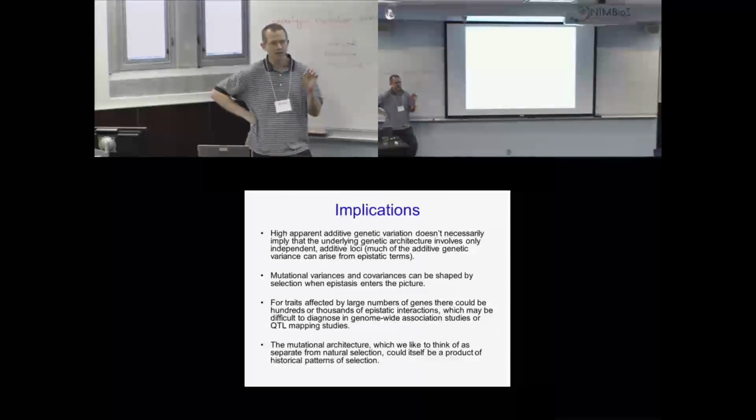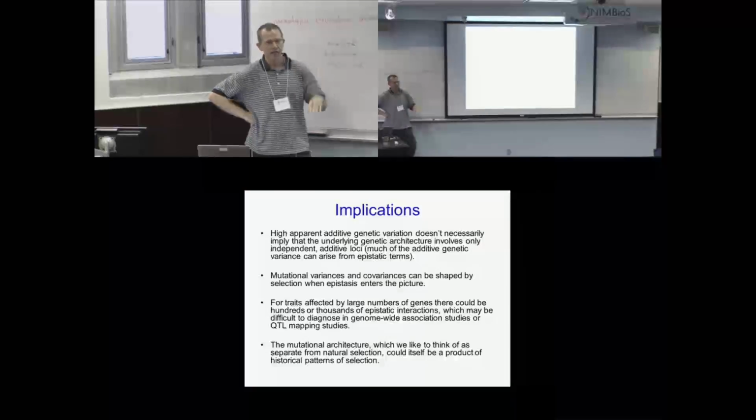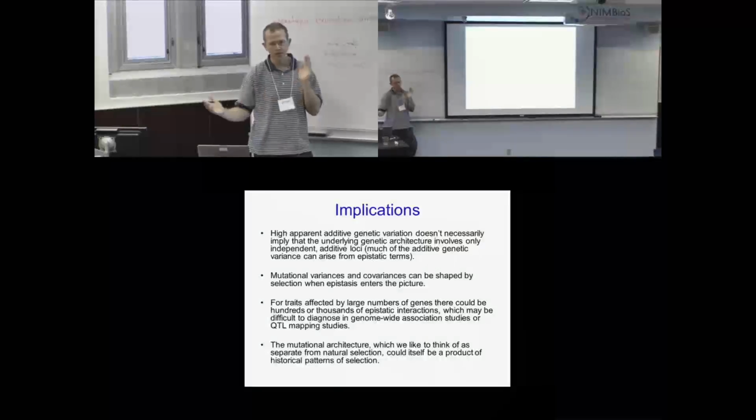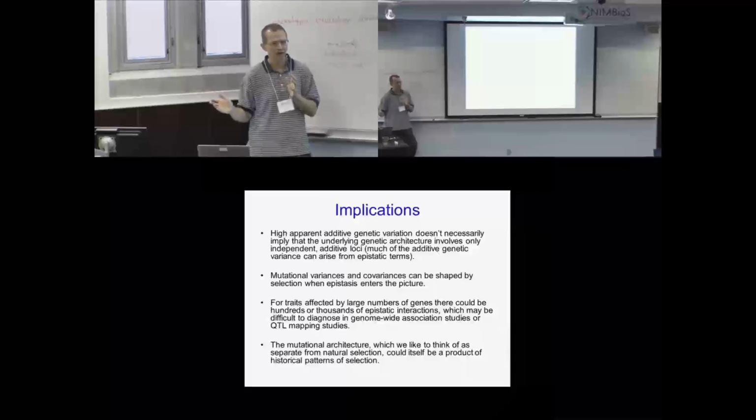Yeah. Those epistatic coefficients aren't easily separable from the main effects of the alleles, and so you cannot simply calculate the additive genetic variance in that model by looking at the additive effects of the alleles. You won't get anything close to the additive genetic variance. You have to come up with these gigantic equations that take into account allele frequencies and all those epistatic interactions as well, and their contribution to the additive genetic variance.